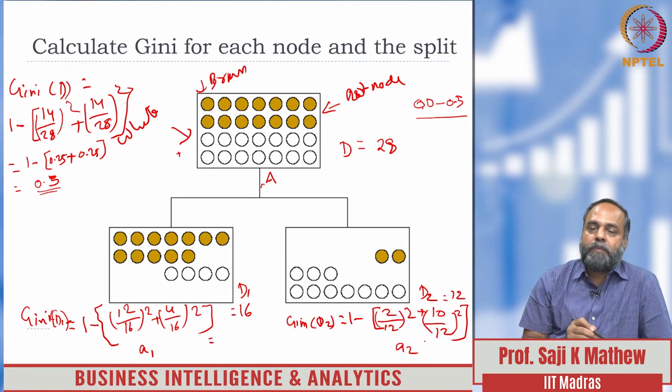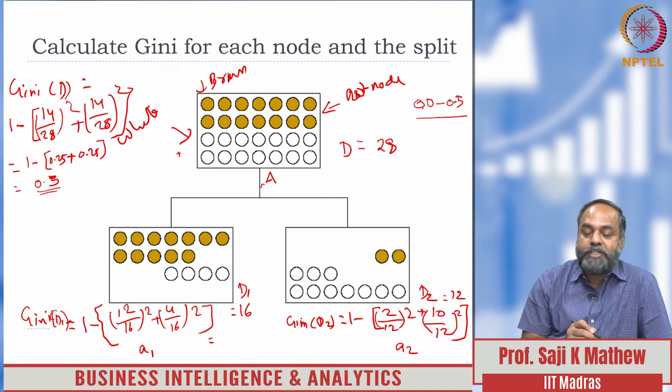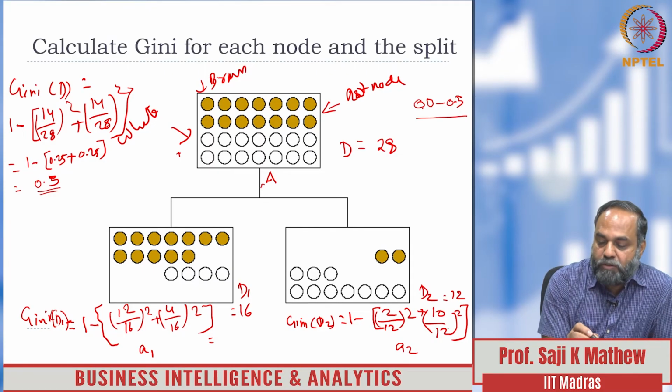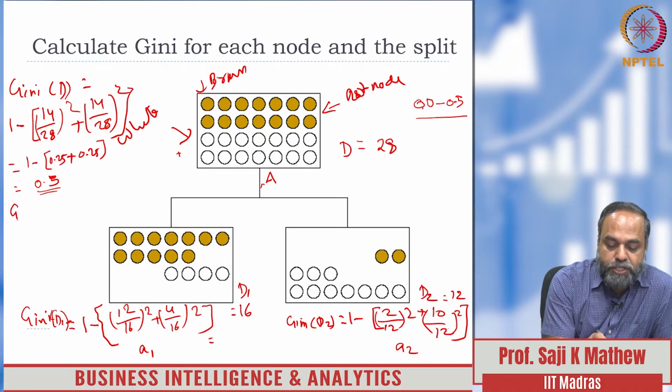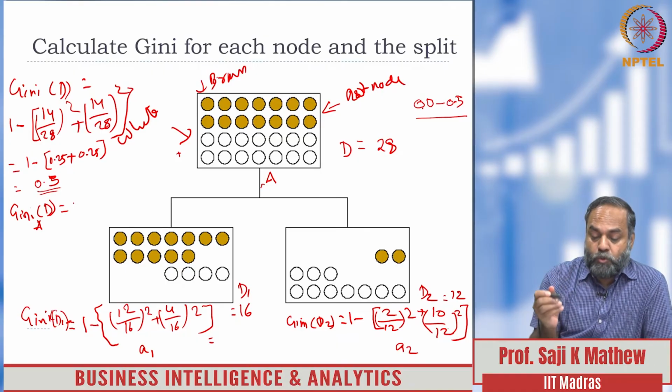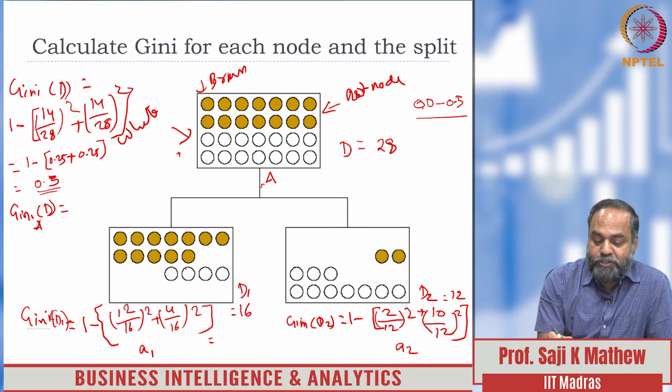Now, our goal is to calculate the Gini score of the split, and therefore, ultimately we need to find out what is the Gini score when you split D with respect to attribute A, which is given by the weighted sum of the Gini scores. What is the weight that should be assigned to node D1?